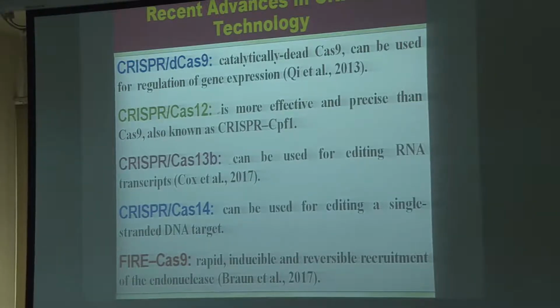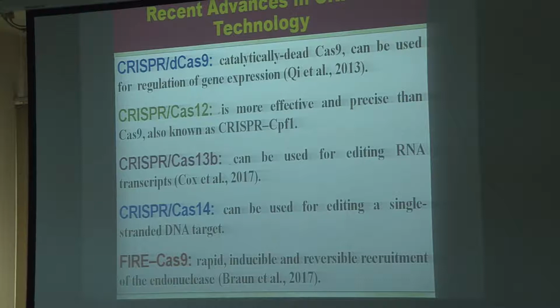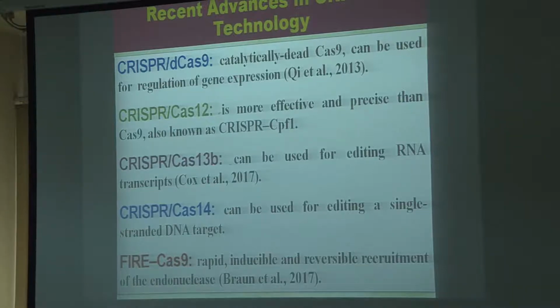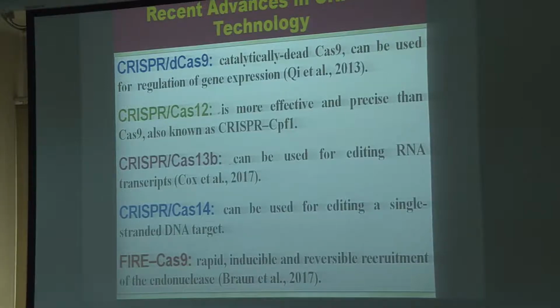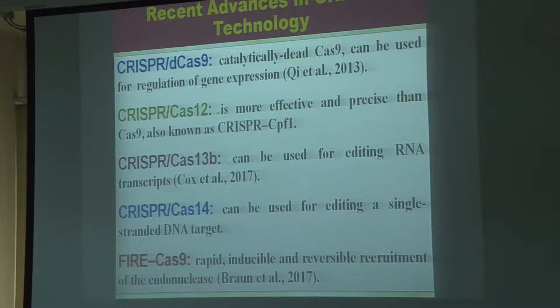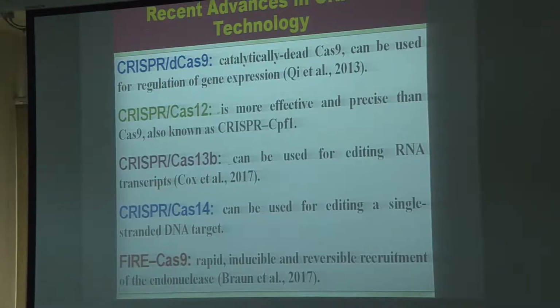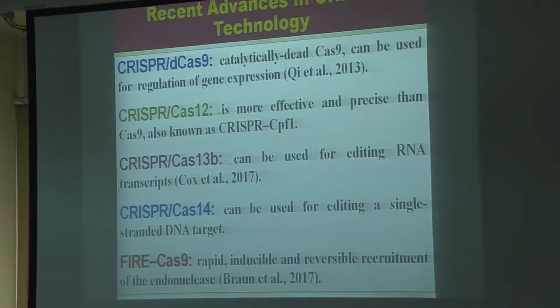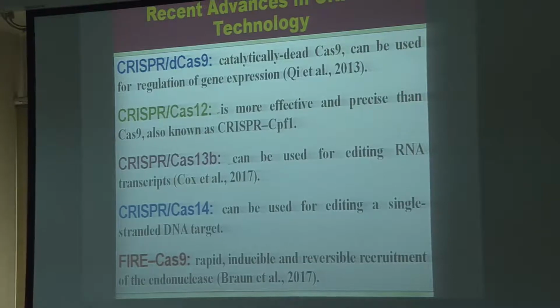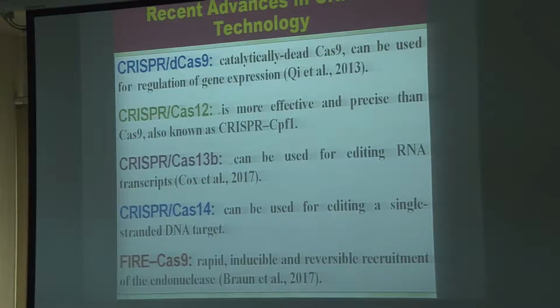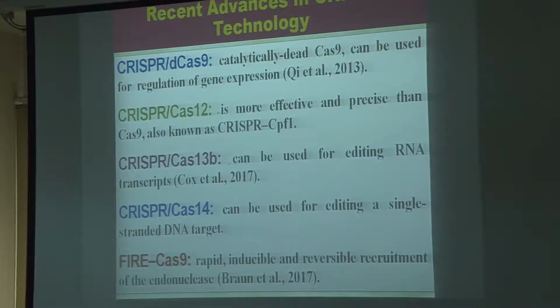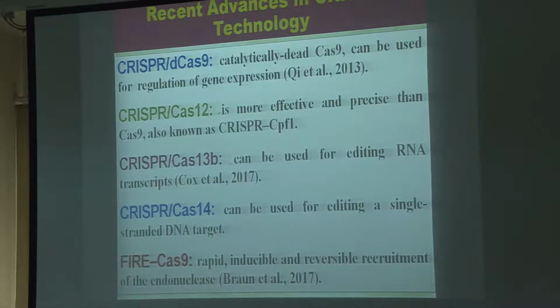Then subsequently Cas14 was also identified. How is the substrate for Cas14 and Cas9 different? Cas9 requires double stranded DNA, Cas14 single stranded DNA, and Cas13b can identify single stranded RNA. So, Cas14 will bind to single stranded DNA and Cas13b will bind to single stranded RNA.